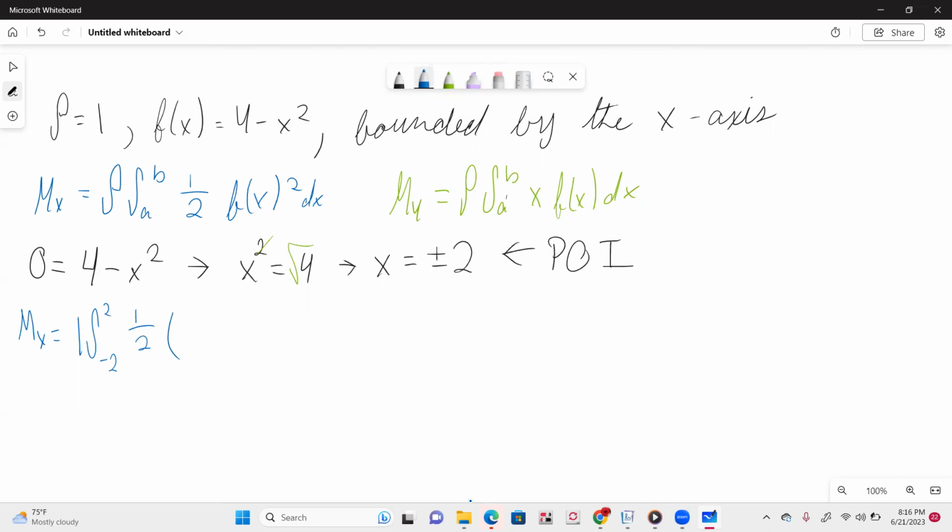Our f of x is equal to 4 minus x squared with respect to dx. Now, since our 1/2 is our constant, we can just multiply it by our 1 that is in the front. So we're going to get 1/2 times the integral from negative 2 to 2 of 4 minus x squared. Oh, I did not put the squared sign out here.